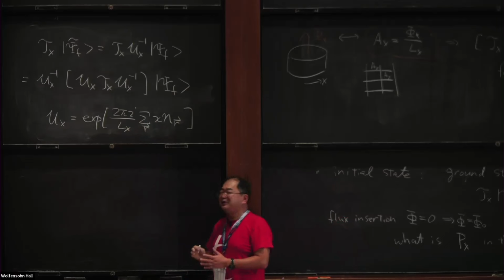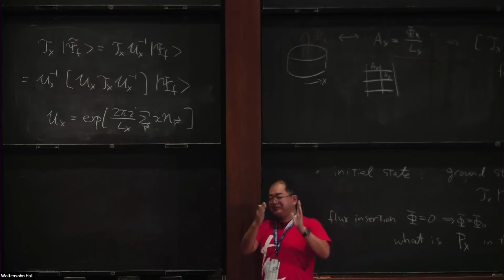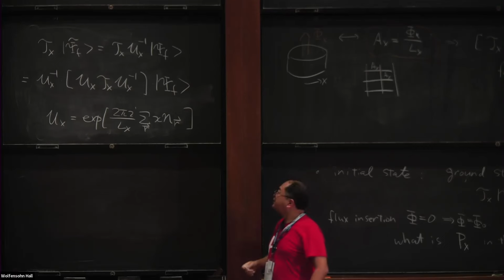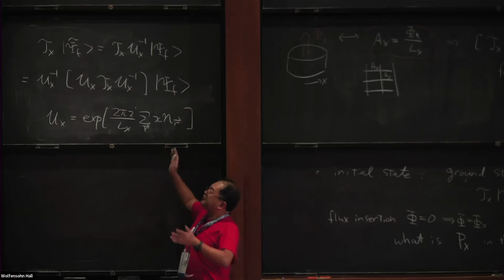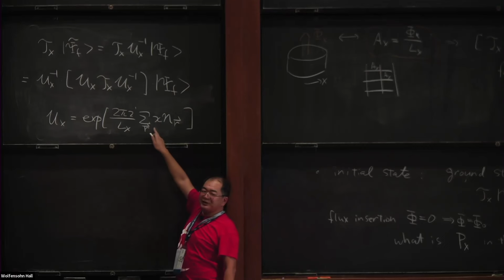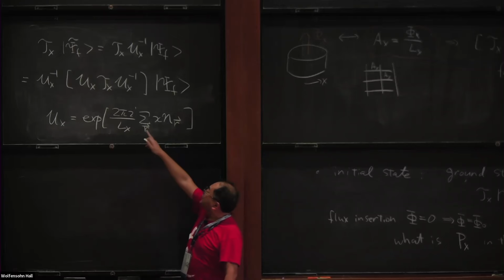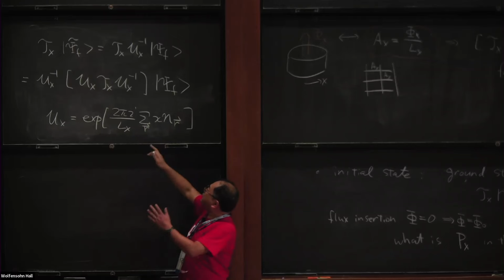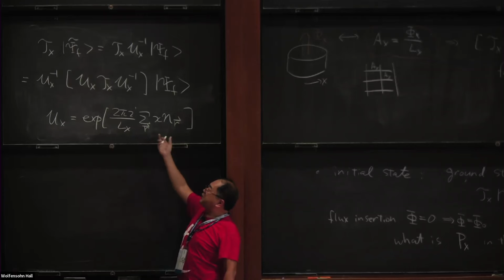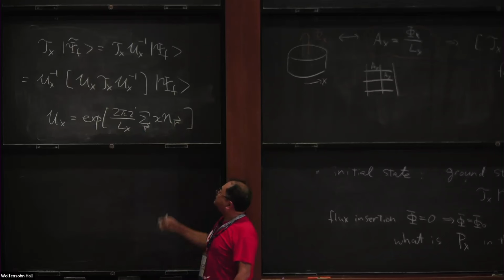And Ux and Ux inverse on the left and right almost cancel. But they don't exactly cancel because you shift each side by one lattice spacing in the x direction. It depends on how precisely you define this Tx operator, but basically you shift this x coordinate by one, by this Tx. So on the left and right, they almost cancel, but this x is shifted to x plus, let's say, 1 on the right. Then they don't exactly cancel.